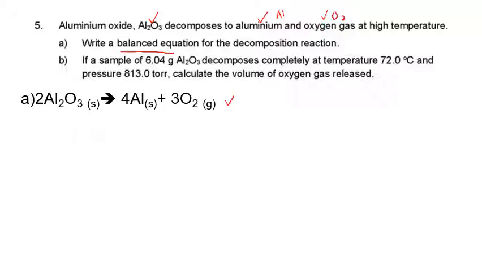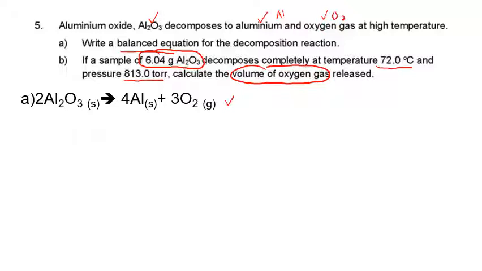So this is the balanced chemical equation. We proceed with question B. A sample of 6.04 gram of aluminium oxide decomposed completely at a temperature of 72 degrees Celsius and a pressure of 183 torr. Calculate the volume of the oxygen gas.